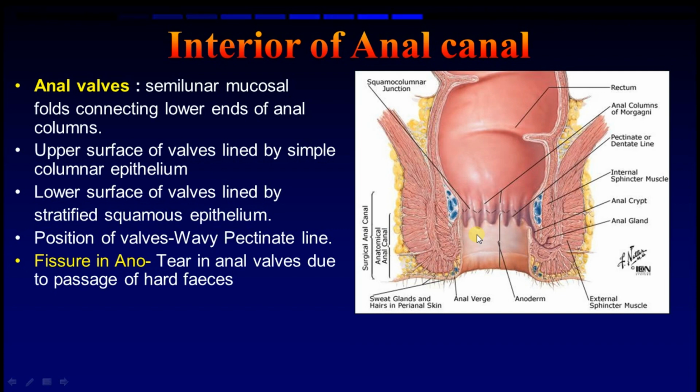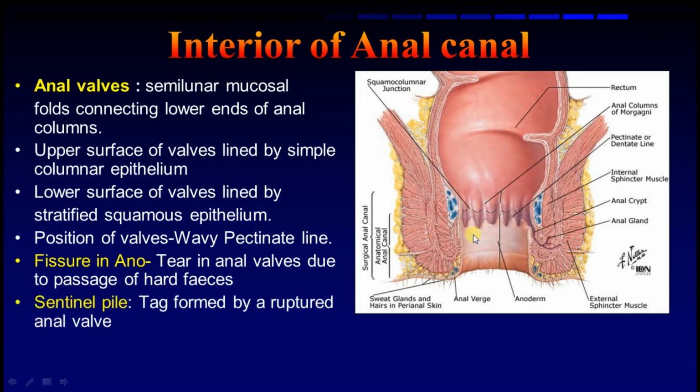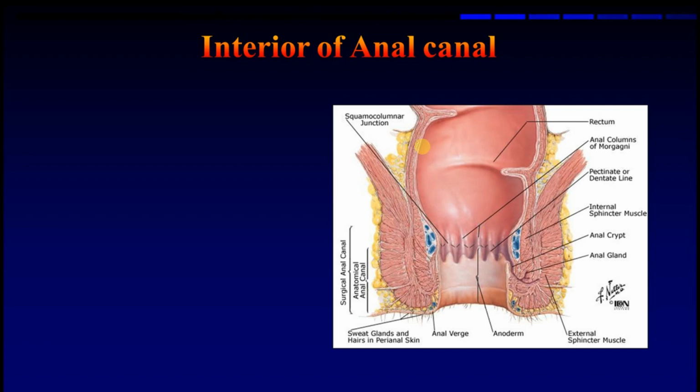Most common cause is passage of hard stools, that is constipation. Okay, so anal fissure. Now, what happens is a ruptured valve. Sometimes, if it forms a tag of mucous membrane, then that is called the sentinel pile.